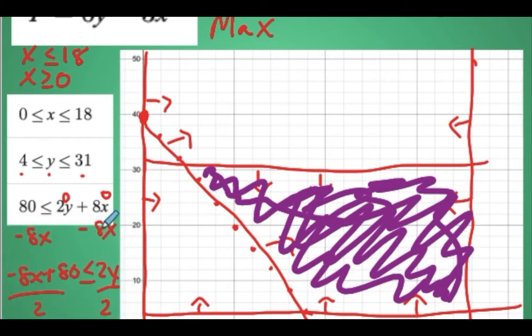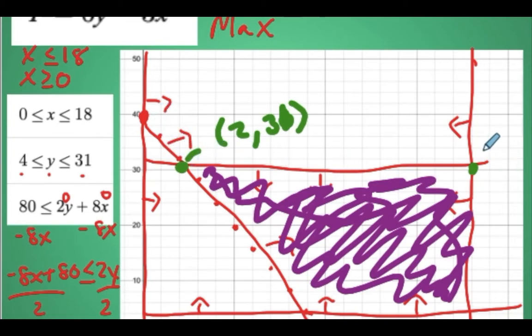vertices, our corners. So it's a little bit hard to tell on my graph because I didn't do a very nice job of graphing my coordinates. This would be at 2, 30. This one over here, or I'm sorry, 31, looks like.